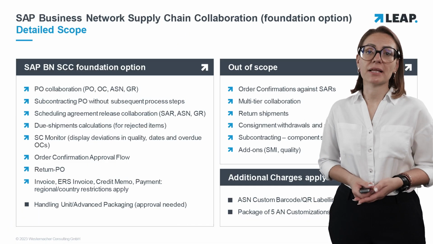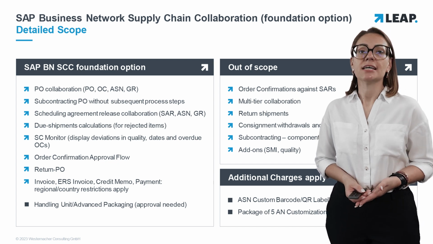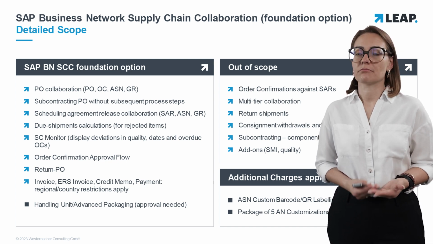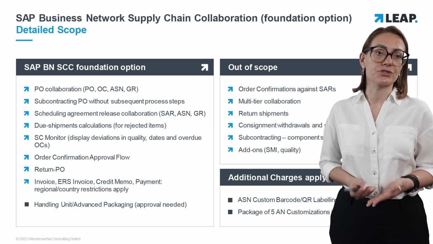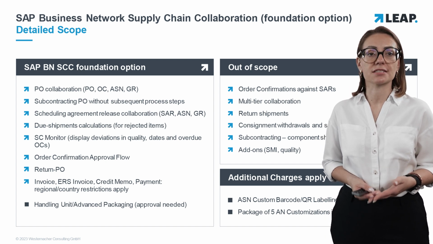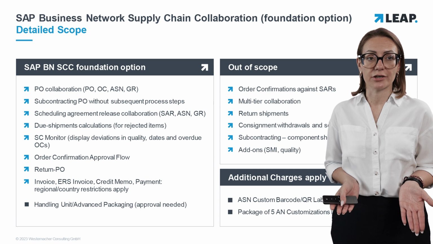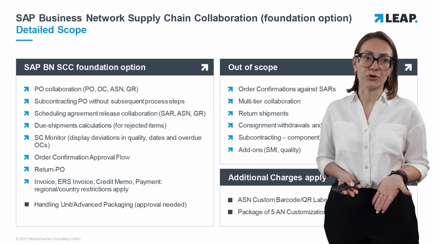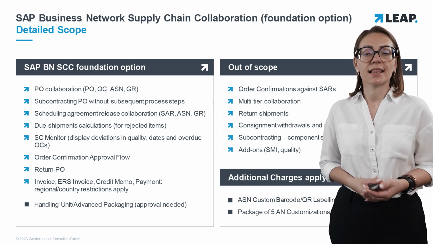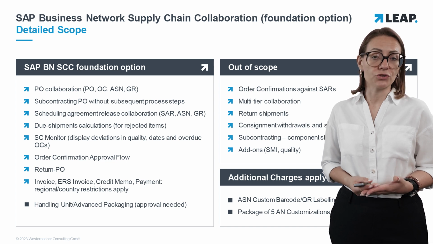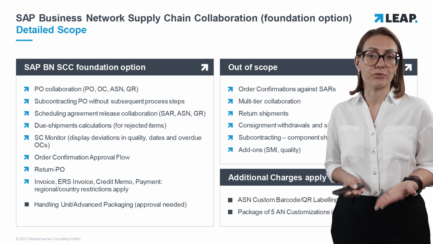To summarize, the Supply Chain Collaboration Foundation option allows you to perform many activities within creating the purchase order, like purchase order collaboration, subcontracting purchases, scheduling agreements, and monitoring the supply chain process. So it allows you to maintain and monitor your current running process.